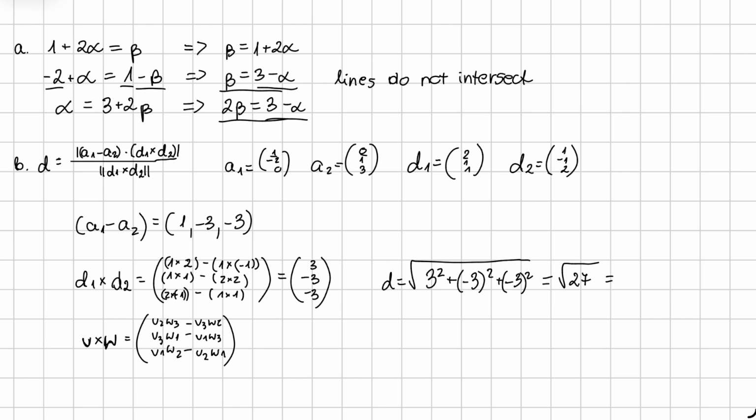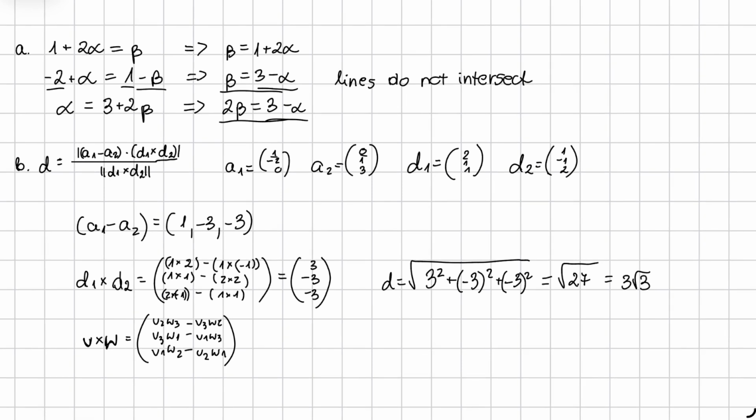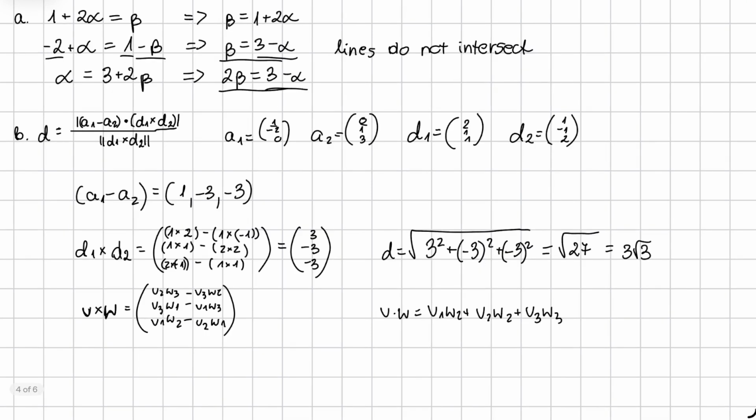So it's 3 times square root of 3. And of course, because in the numerator we have A1 minus A2 and then a dot, it means that we have to use our scalar product, and it looks like this.